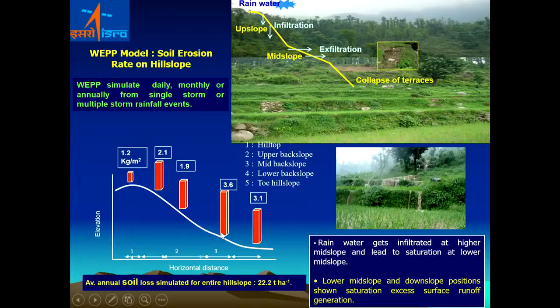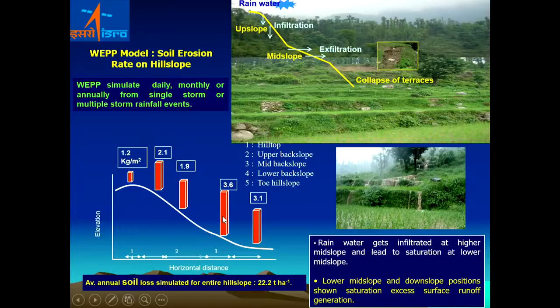So we used the WEPP model, tested the models, and we found that landslips are occurring, or collapse of the terraces is occurring, at this slope, not at that slope, because you see the erosion rate is very high, 3.6, 36 tons per hectare.